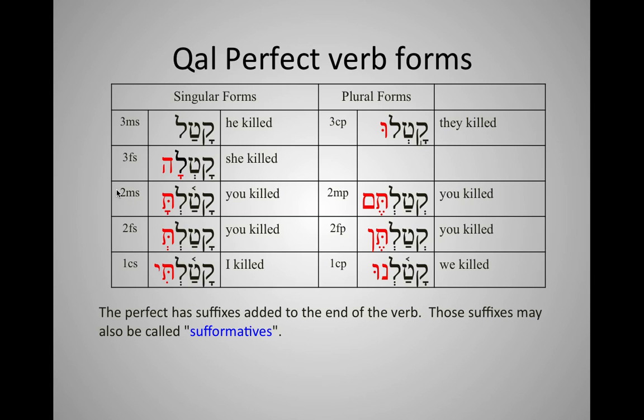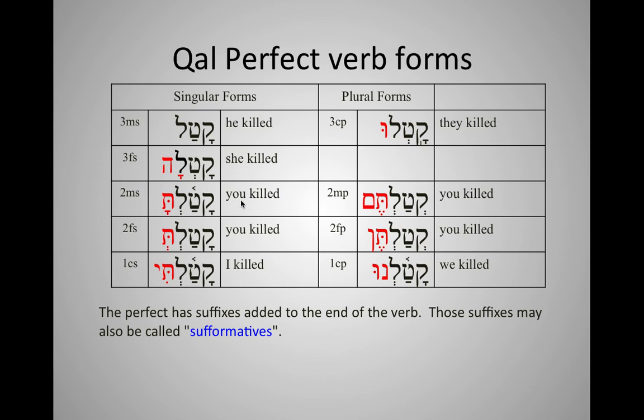Then we have our second person forms following each other. Second person, so 2 stands for second person, M stands for masculine, and S stands for singular. So second person, masculine, singular. A second person masculine singular means I'm talking to one person.